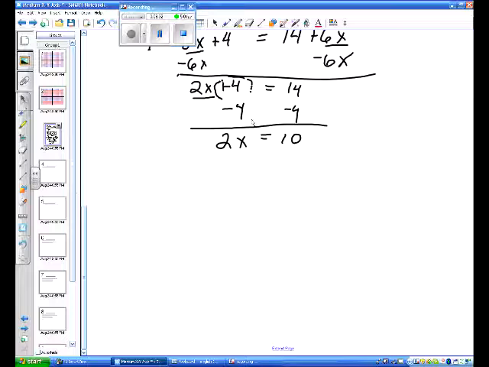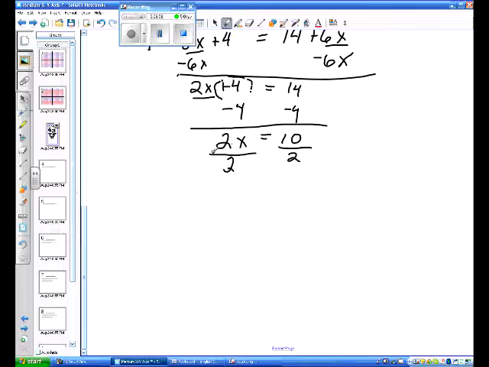Now we want to solve for our variable. And we can do that one of two ways. We can either multiply by the reciprocal of the coefficient, which in this case would be 1/2. So we can multiply both sides by 1/2. Or when our coefficient is an integer, it's easier to simply divide by that coefficient, because what we want to do is get a coefficient of 1.